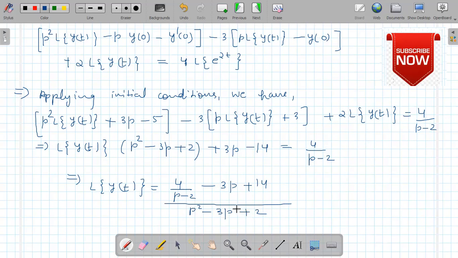So what we'll do here is, instead of mixing this with these terms, let us separate them at this stage. You can take this with this, and you can separate these two.